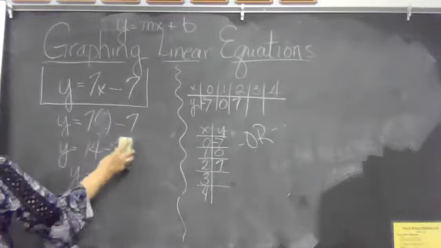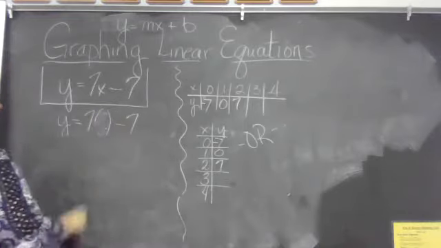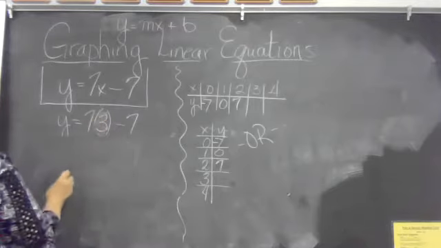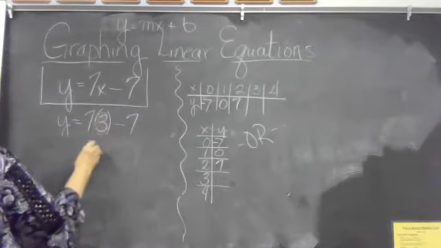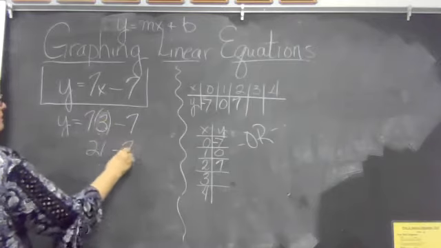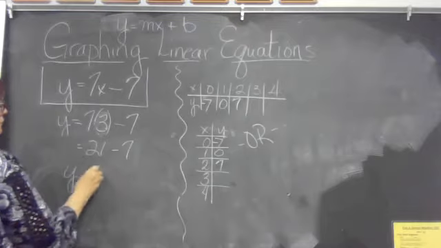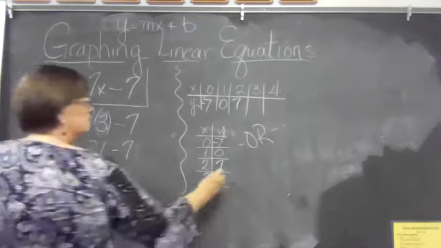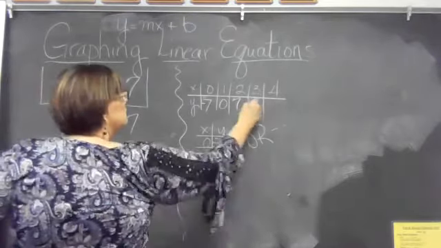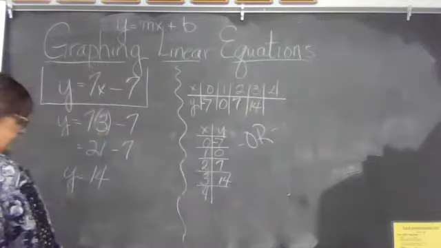I'm going to do the 3 and the 4 here real quick. The 3: 7 times 3 gives me 21 minus 7, and so y is going to be 14. And one more.